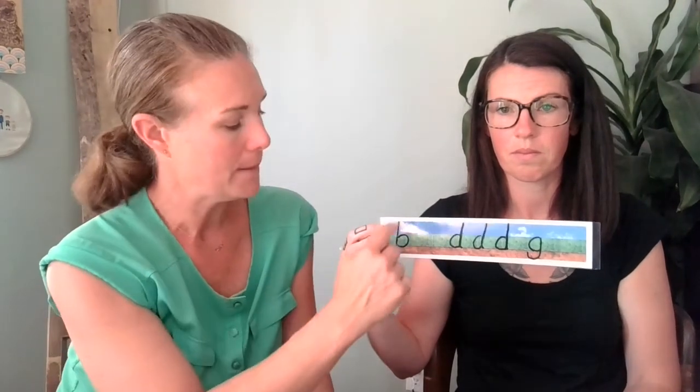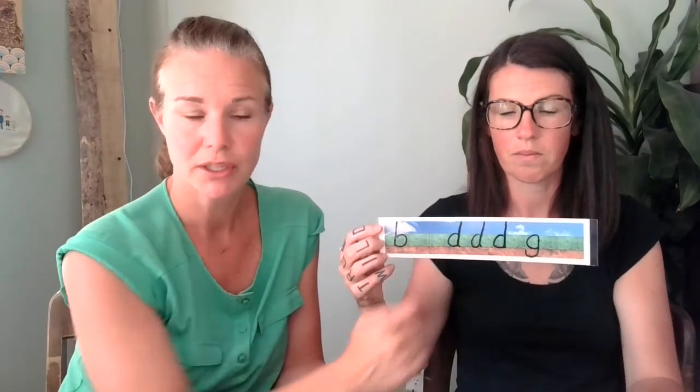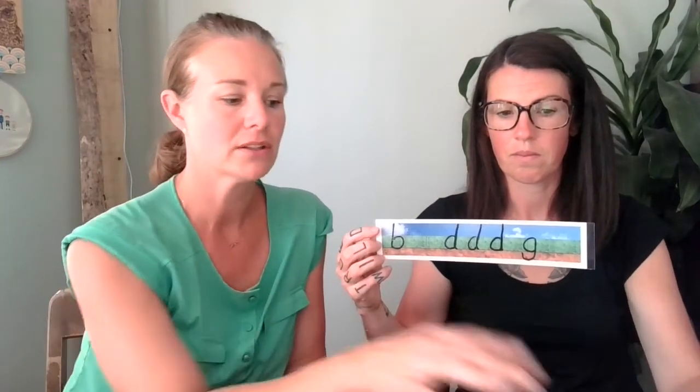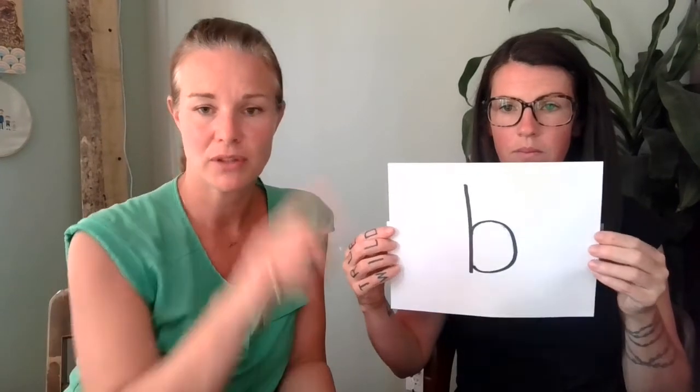And also, you say the letter name, B, you trace it, and you say the sound. B, B, D, D. And for our younger readers or younger printers, it's a great idea to use larger font so that they can practice the motion. And then as children get older, they can work on smaller lines and the spacing.